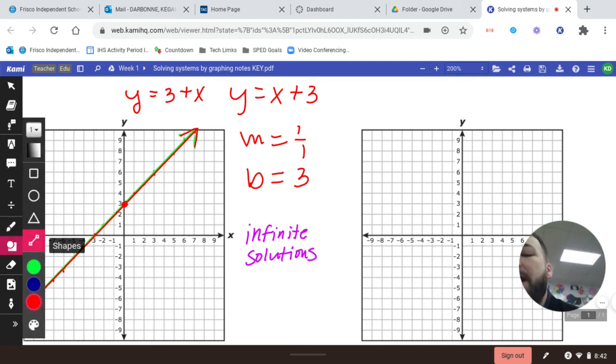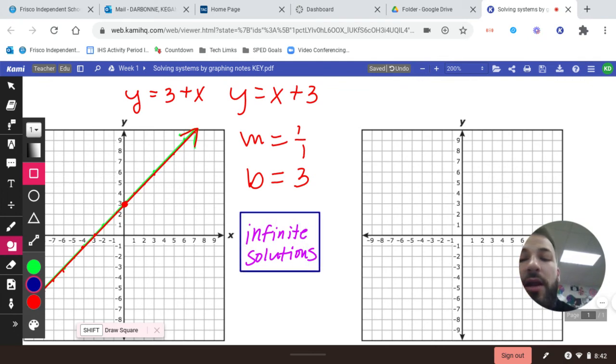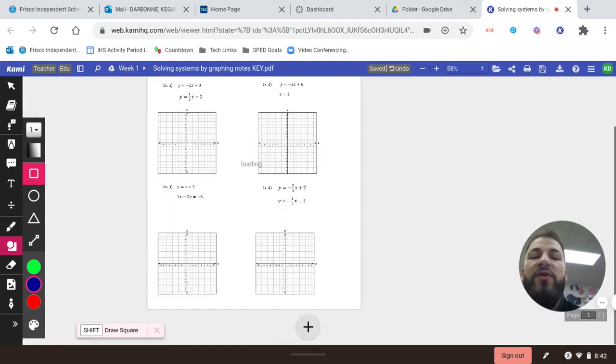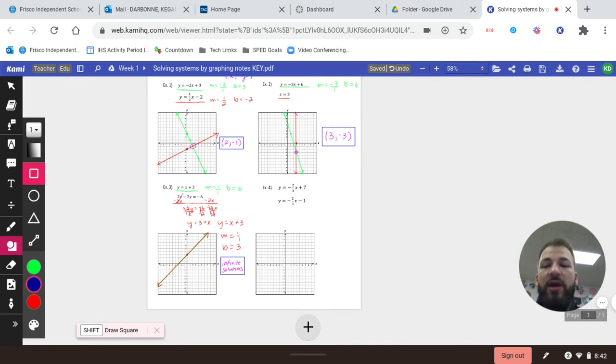Instead of just that one point, we say there's an infinite amount of points because our lines keep going on forever and they'll keep touching each other everywhere. So when you have the exact same line, if both equations are exactly the same, then your final answer is going to be infinite solutions.